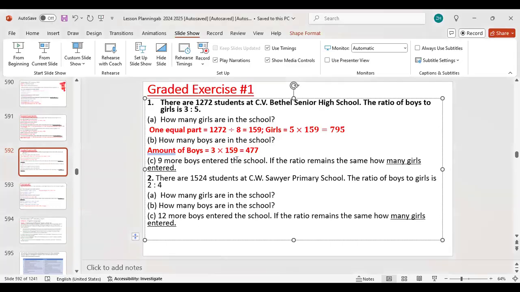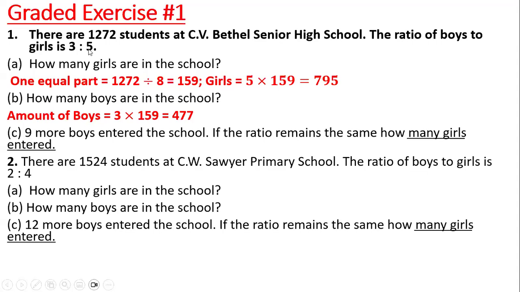So we know that 9 boys entered the school if the ratio remains the same. How many girls entered? And I said that 3 to 5 means that for every 3 boys, there are 5 girls that entered. I'm going to do it the short way. If we have 3 to 5, we know that 9 boys entered, right? So how do we move from 3 to 9?